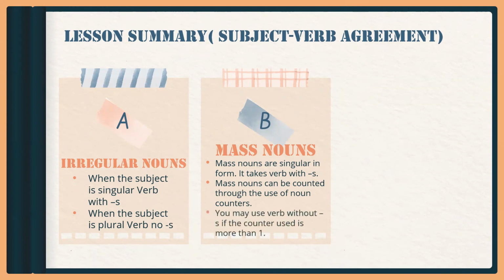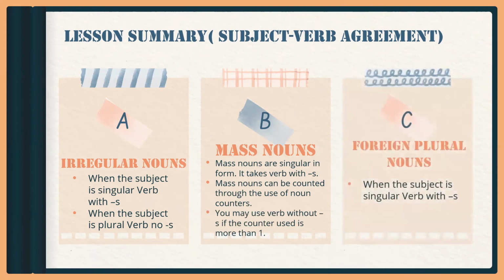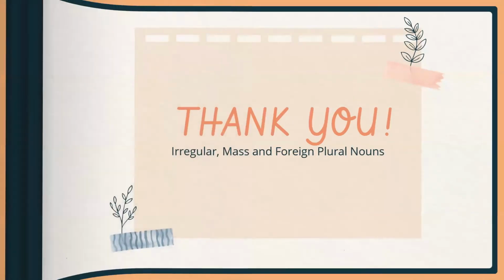So you just need to check if there is a counter prior to the mass noun. For foreign plural nouns, we also use the same rule as for the irregular nouns. When the subject is singular, verb with s, but when the subject is plural, verb no s.